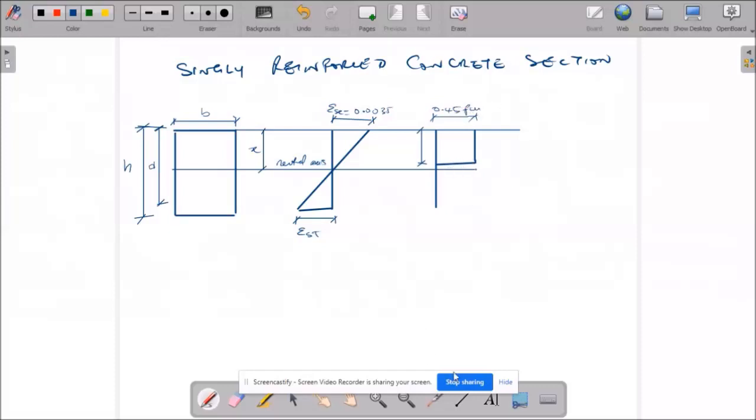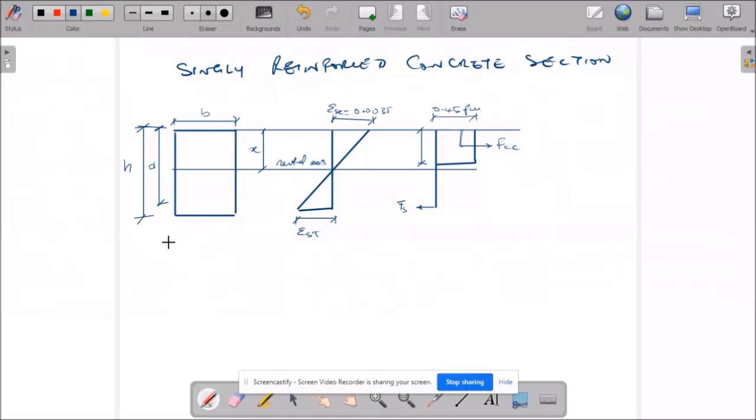This is where we have our force in concrete, and this is the force in steel, our FS. Force in concrete is FCC.